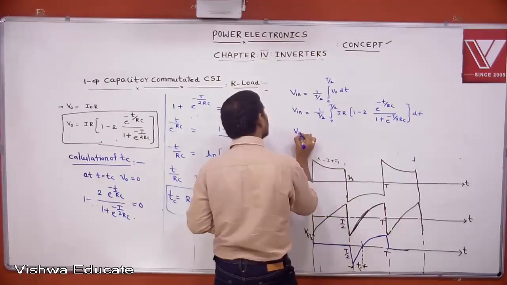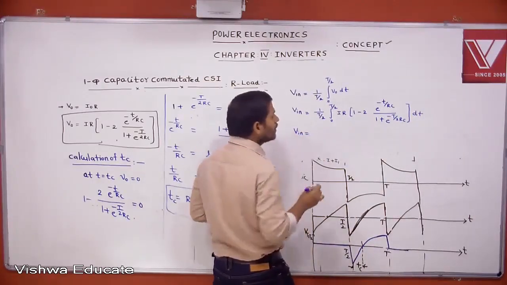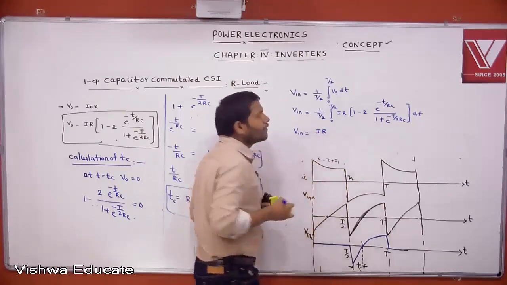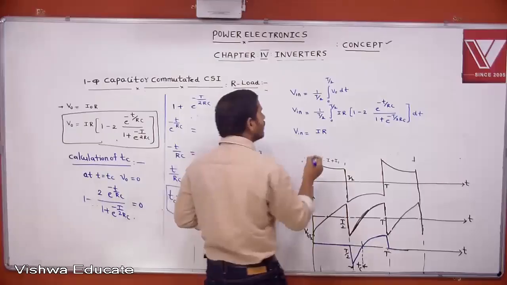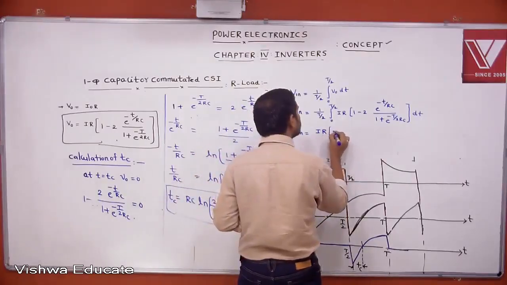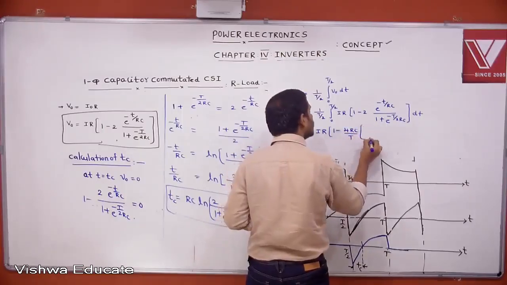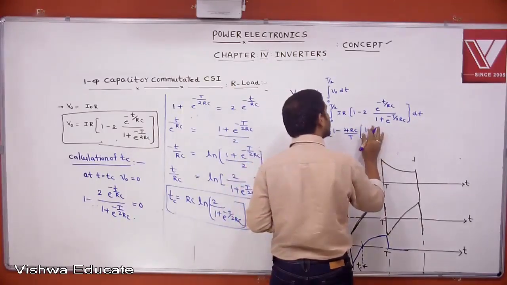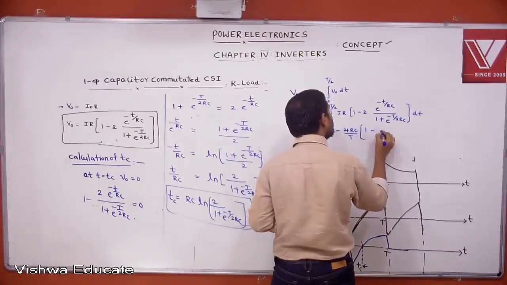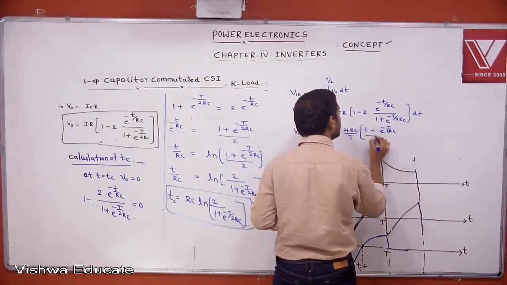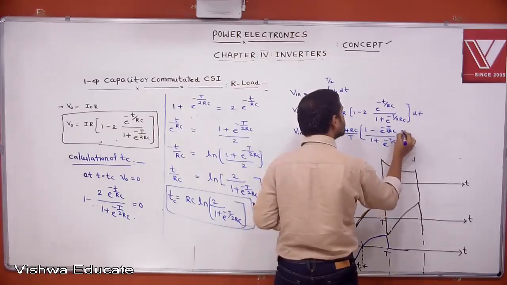Then Vin equals IR into 1 minus 4 RC by T into (1 minus e power minus T by 2 RC) by (1 plus e power minus T by 2 RC).